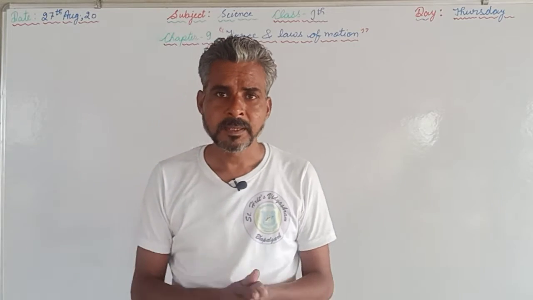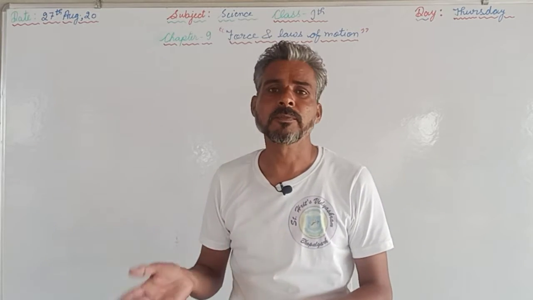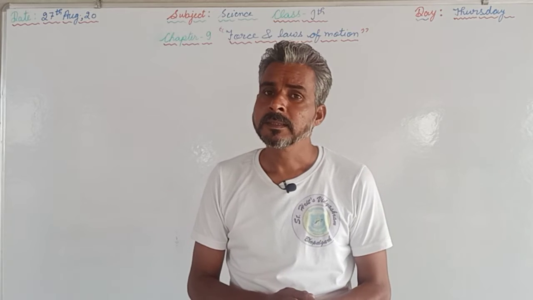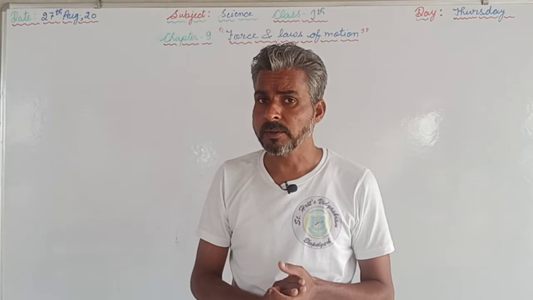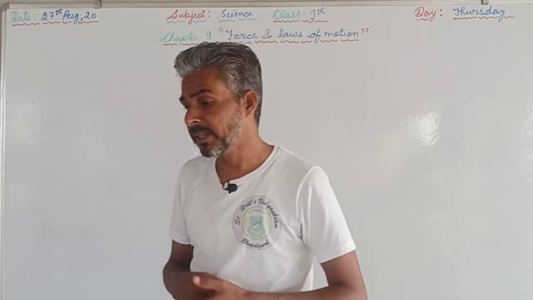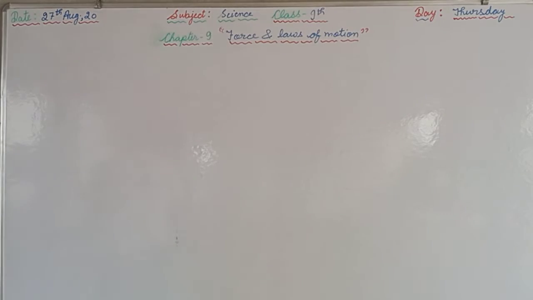It is denoted by P. It is a vector quantity, and the SI unit of momentum is kilogram meter per second. So P is equal to mv, the product of mass and velocity. So here it is given that the momentum will be mv, that is part D. So part D is the correct answer.